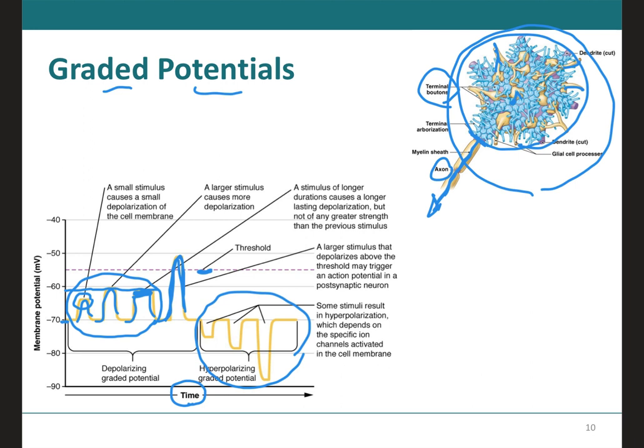Now you can have other graded potentials that will do the opposite, so they will cause hyperpolarization. It all depends on how many of that same stimulus you're getting and at what frequency. This will result either in an action potential to be excited and propagate, or it will result in an inhibitory response where that information stops at that neuron.